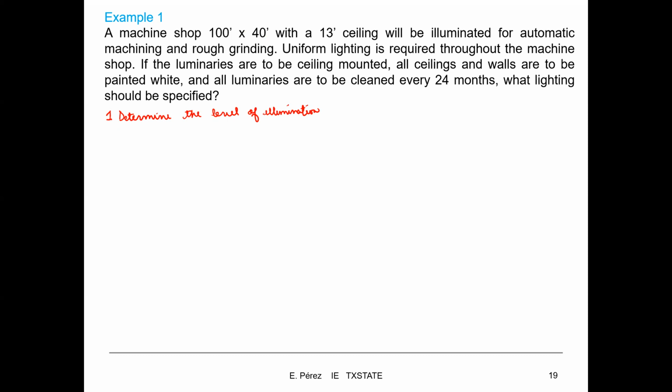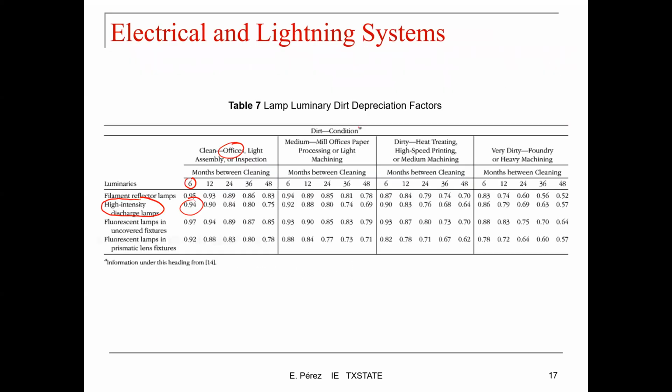And for that, we can use Table 2 for automatic machining and rough grinding. So using Table 2, we can find the level of foot candles. So let's look at Table 2.